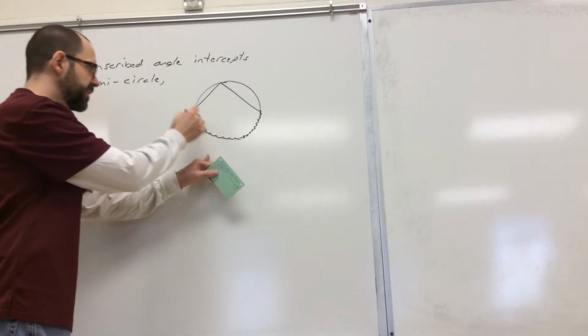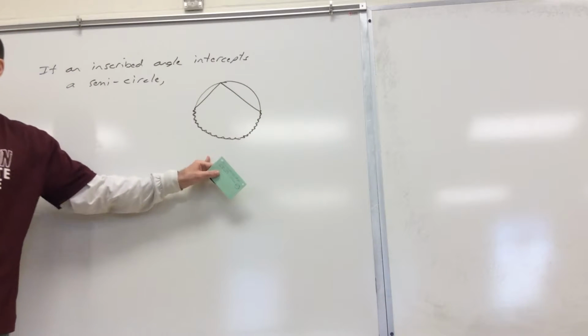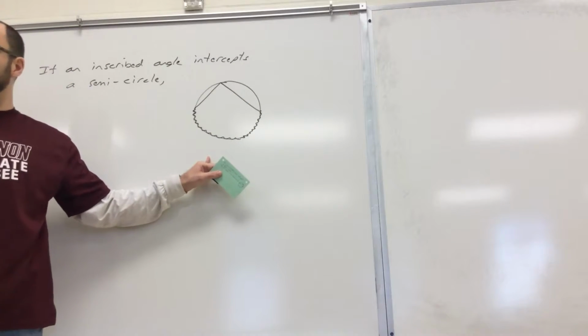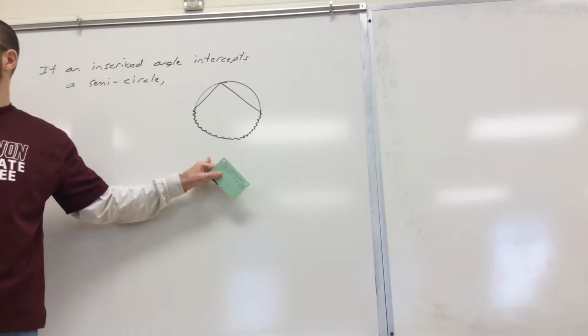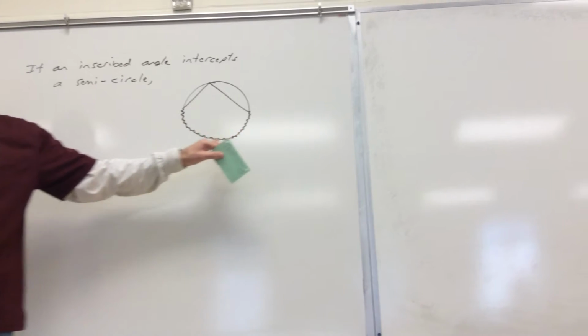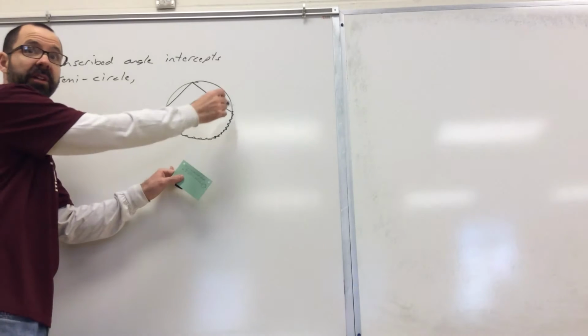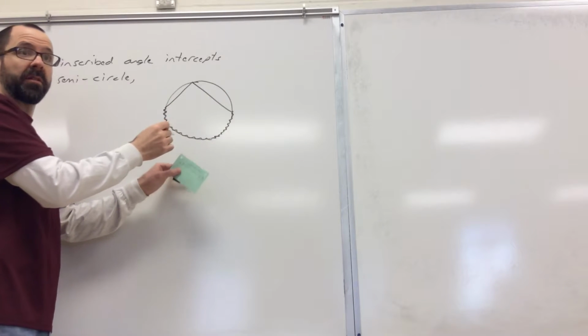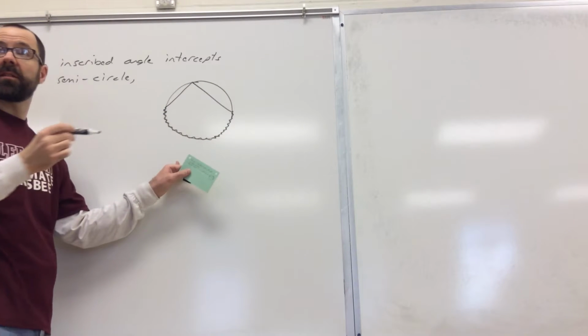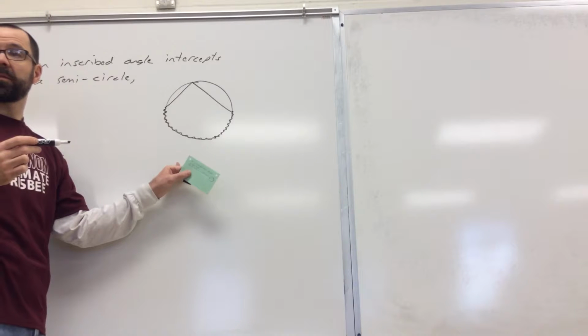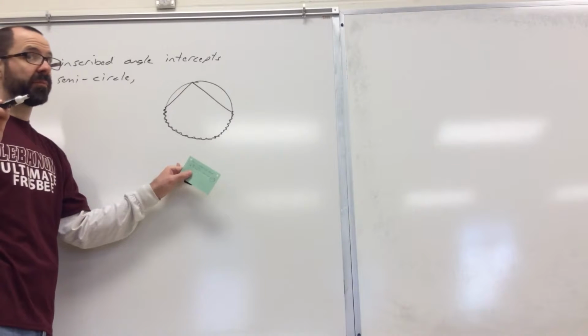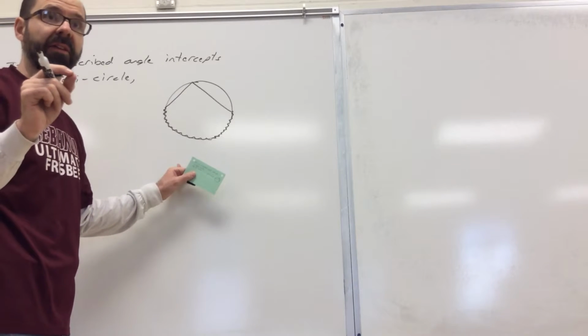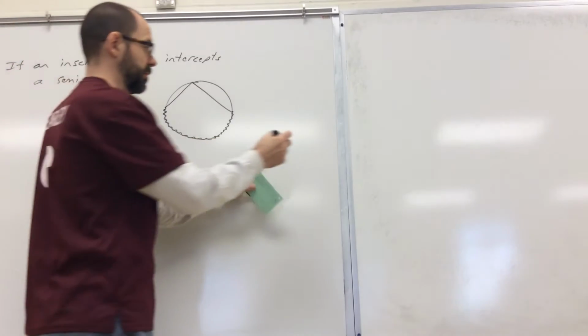So how many degrees is the semicircle? 180, right? Because it's 360 all the way around, so 180 half the way around. So this is 180 degrees. So then how many degrees is that? No, they're not the same, if it's a central angle. Oh, so 90 degrees?